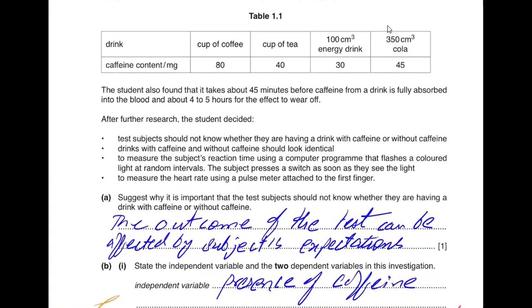The student also found that it takes about 45 minutes before the caffeine from the drink is fully absorbed into the blood and about 4 to 5 hours for the effects to wear off. So this is the time provided to you. You need to give the subject a particular drink with caffeine, and then wait for 45 minutes for its effect to start.